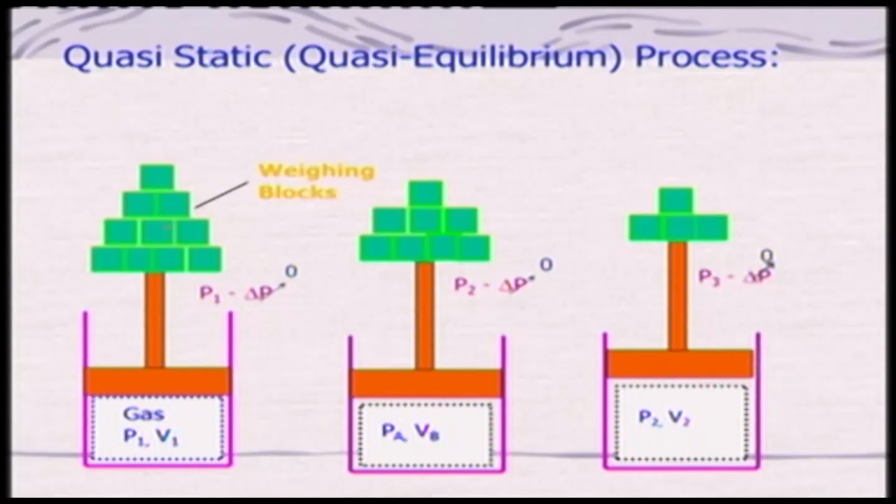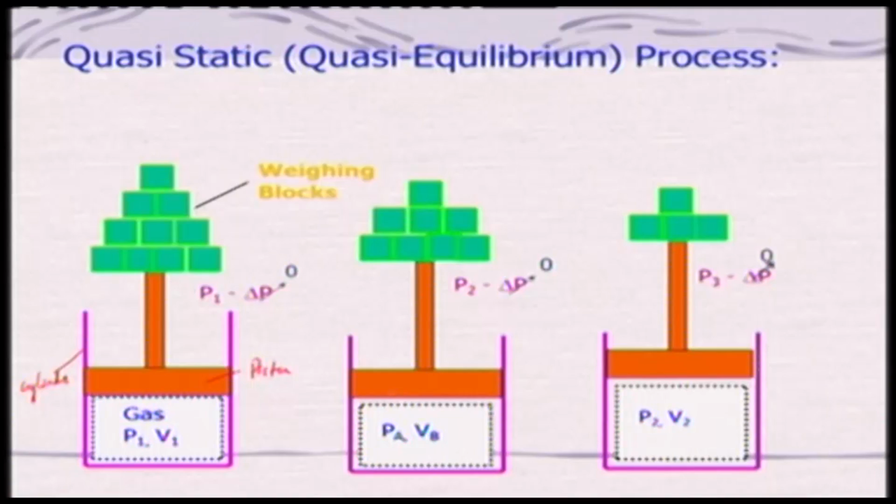Of course, I am assuming the friction between the cylinder and the piston is not there, it is 0. That means there is no friction between piston and cylinder, which is not true in a practical situation, am I right? Can you have a piston cylinder without any friction? Certainly not, right. But however, you can minimize it.